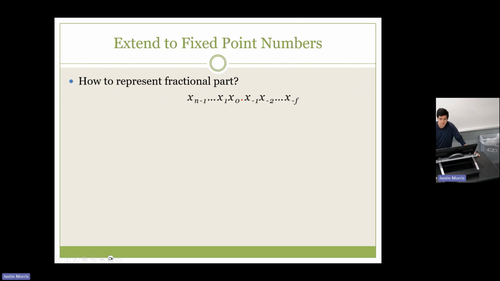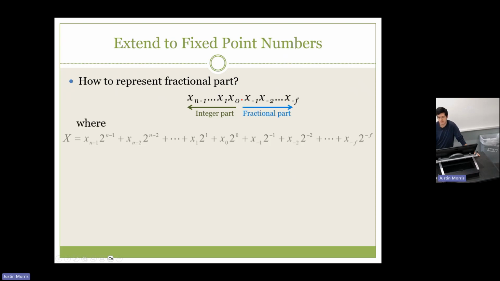Then just like in decimal, our 2 to the power becomes negative if it's to the right of the decimal point, positive if it's on the left. So we have the integer part, and then the fractional part, and our equation is the exact same.